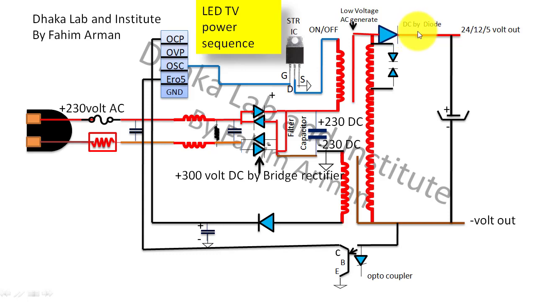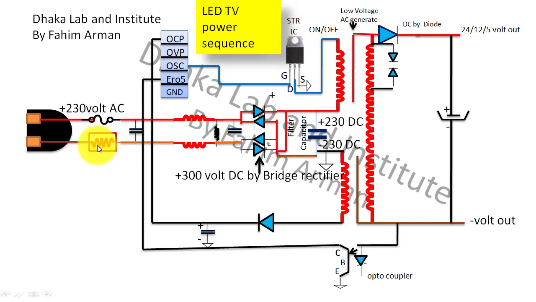Then there will be a polar capacitor, and this voltage will be filtered by this capacitor. Then there will be a connector, and through this connector the voltage will go to the logic board. So we understand how the positive terminal works, and we will also see the negative terminal path.